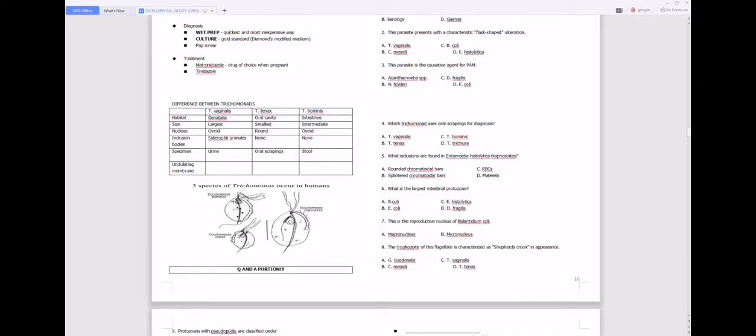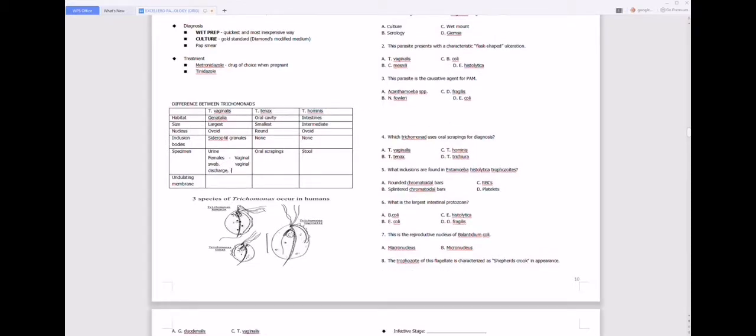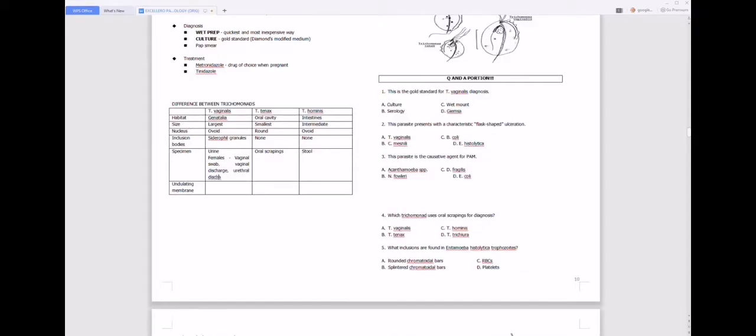For the females, you can use a vaginal swab, vaginal discharge, or a urethral discharge. For the males, you can use prostatic secretions, because it affects the prostate of the males.